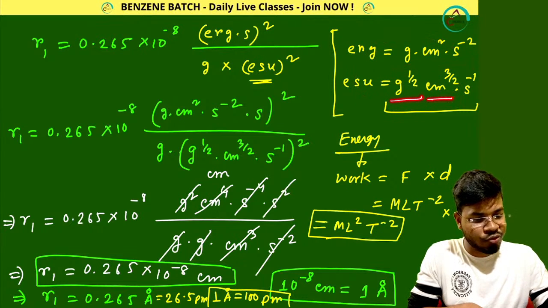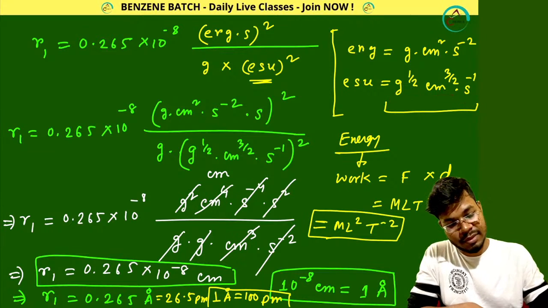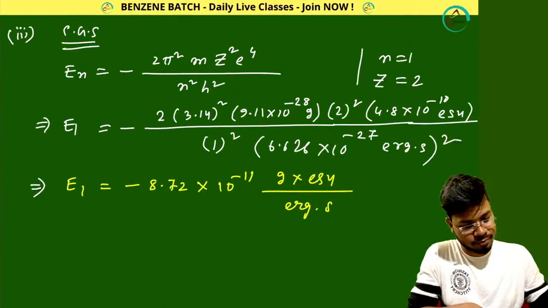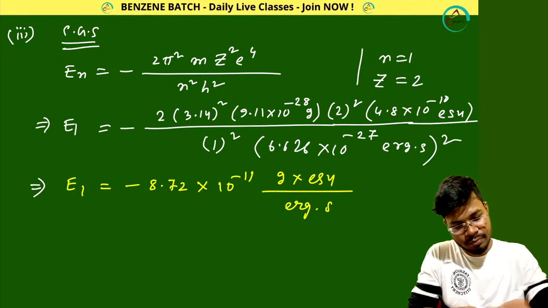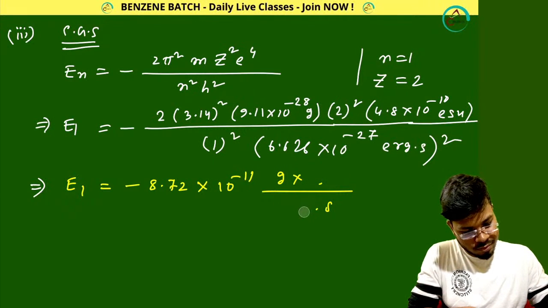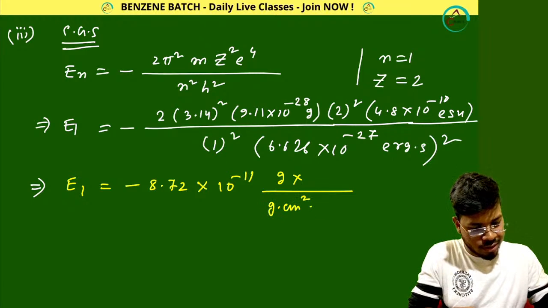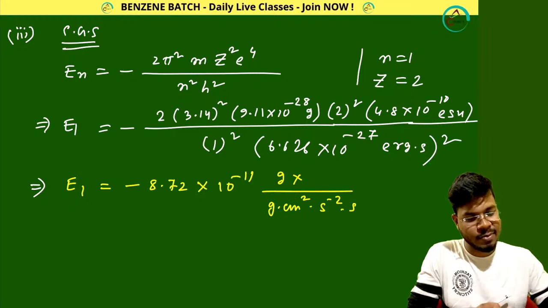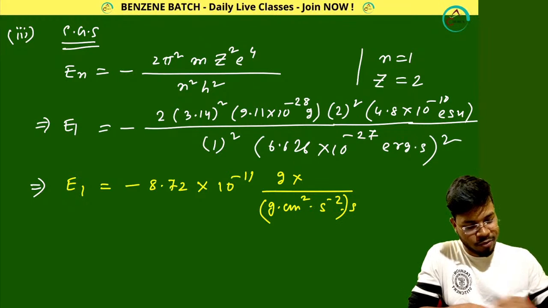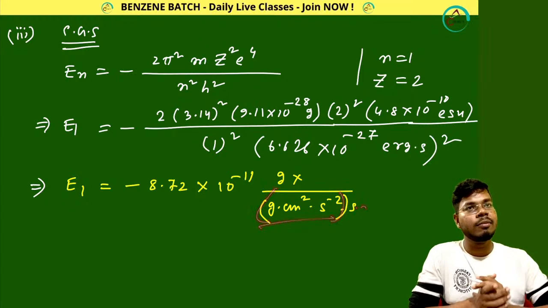ESU is gram half, centimeter 3/2, second minus 1. Let me come back. Gram centimeter square second minus 2 and second, this is my below side, the thing present in the first bracket, erg and second multiplication.